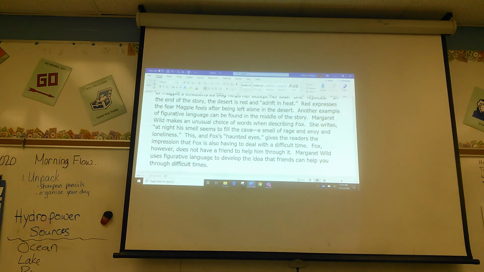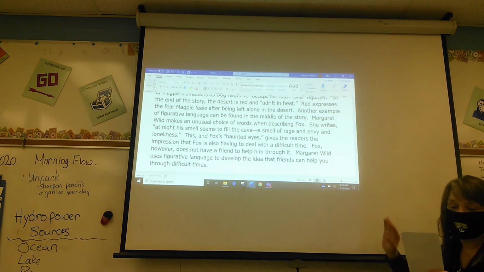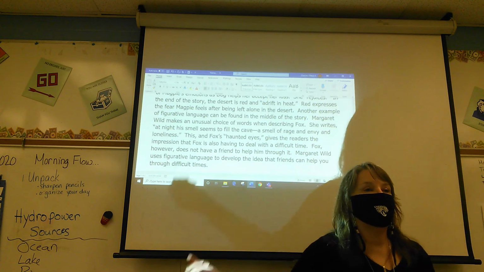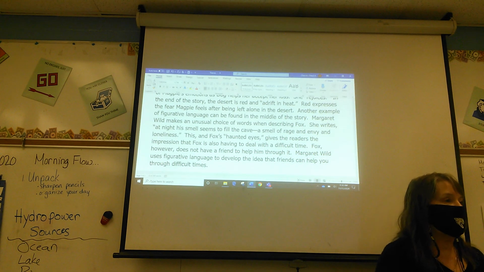So remember, again, the elaboration is pointing to and describing the theme. How did the author develop the theme? What did the author do? And then finally, the last check on your checklist for your body paragraph is the sentence that restates the main idea and refers it back to the thesis.